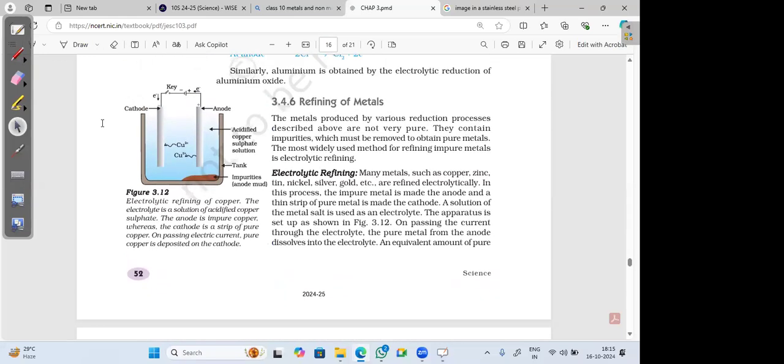So here in this case, you see we are doing the electrolytic refining of copper, to see how electrolytic refining of copper can be done. So Sumukh, how do we obtain copper?